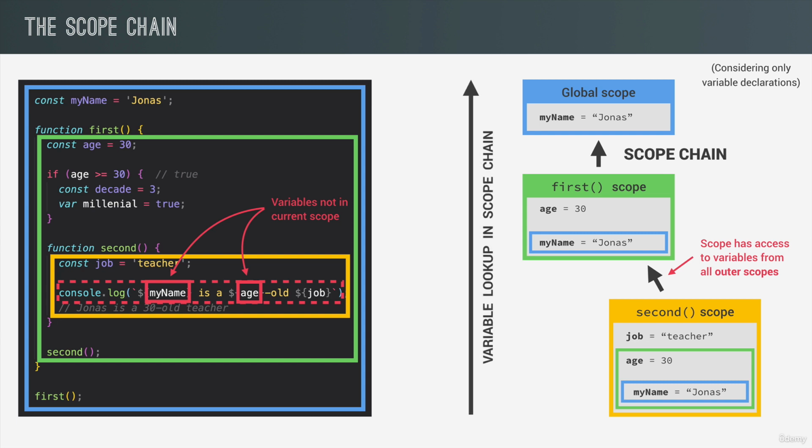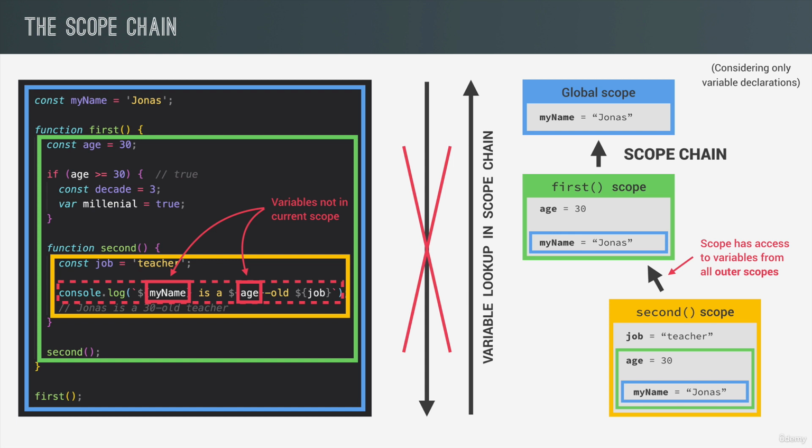Now, it's important to note that these variables are not copied from one scope to another, okay? Instead, scopes simply look up in the scope chain until they find the variable that they need, and then they use it. What's also extremely important to note is that this does not work the other way around.